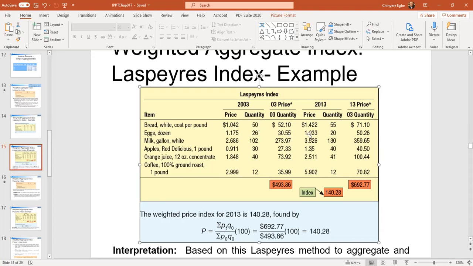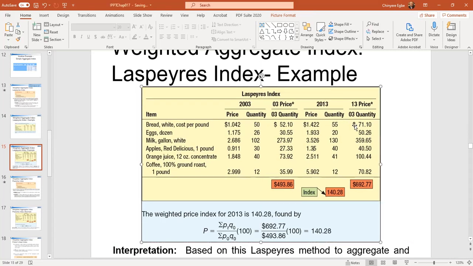We take the price of $1.42 and multiply it by 50 to get 71.1.